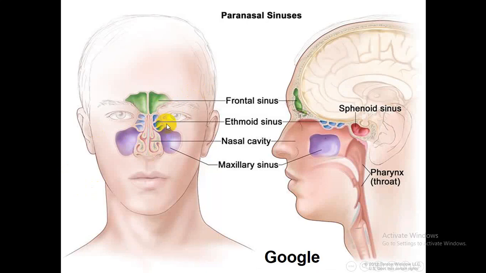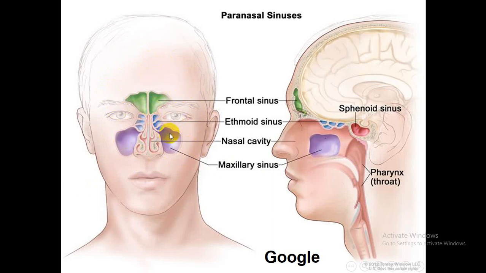These are cavities found inside the maxilla, the frontal, sphenoid and ethmoid bones. Their lining is mucoperiosteum, meaning mucous membrane with periosteum, and it is filled with air. Because of this, this type of skull we call pneumatic bone, the air-containing bones that hold the paranasal sinuses.